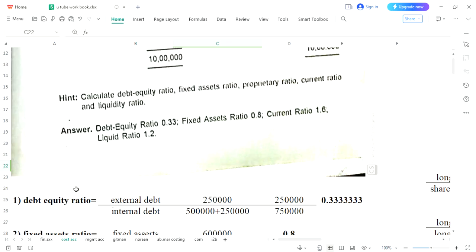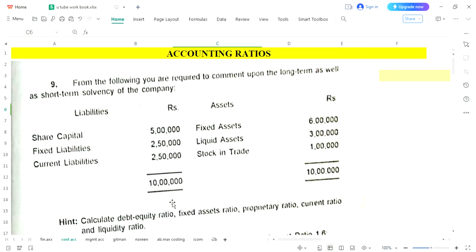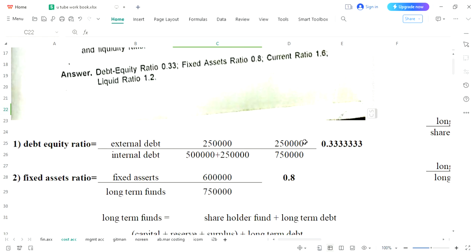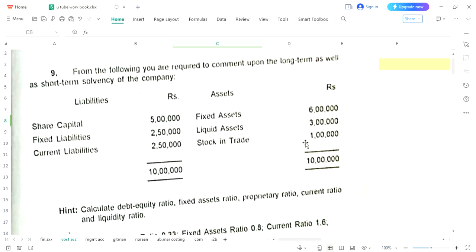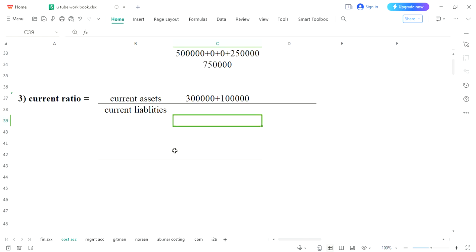So let's get back to the question. Look, there are two assets, liquid and stock. Both are current assets, so 3 and 1 would be written as current asset, 3 lakh 1. Now we will search for current liabilities, and luckily current liabilities are given by name, 250,000.